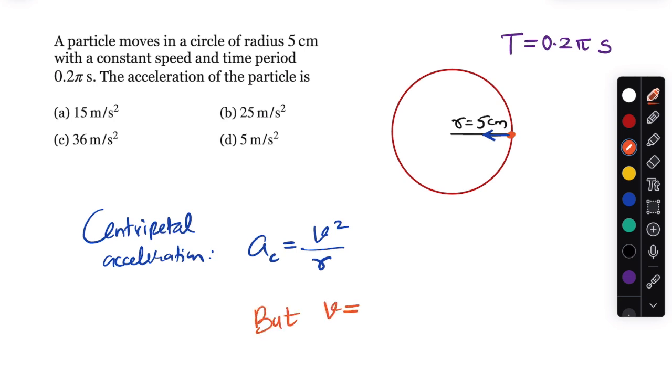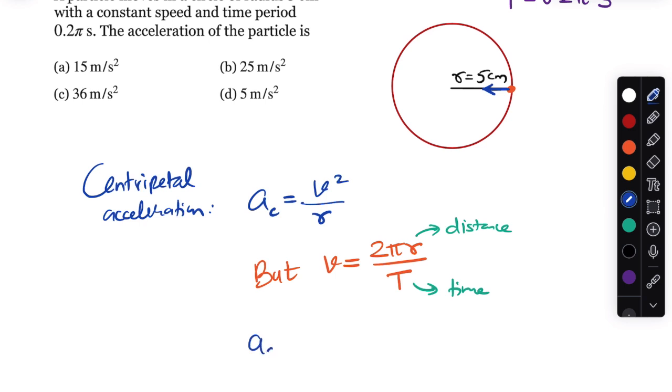We are aware that the speed of a particle, which is defined as distance over time, can be written as 2 pi r over t. The 2 pi r here is the distance traveled by the particle while completing one round around the circle, and t is the time required to do that, the time period, which is exactly the time required to complete one circle around the circular path.